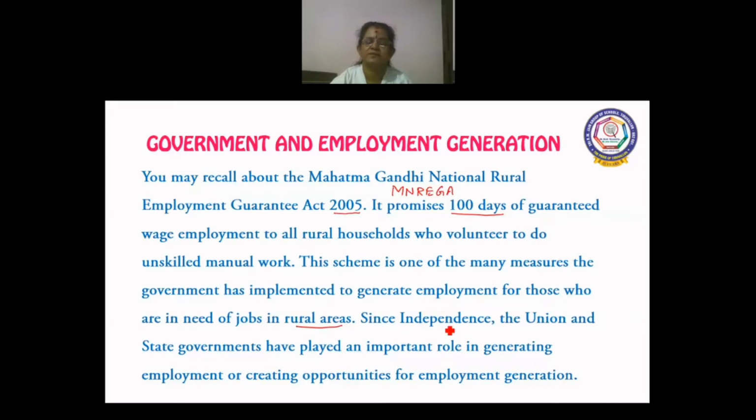Since independence, the union and the state governments have played an important role in creating opportunities for employment generation. Both union and state governments work hard and play an important role in generating employment opportunities.